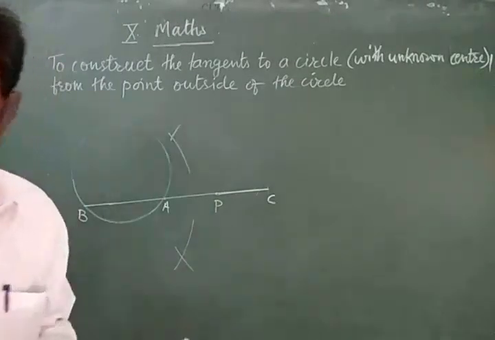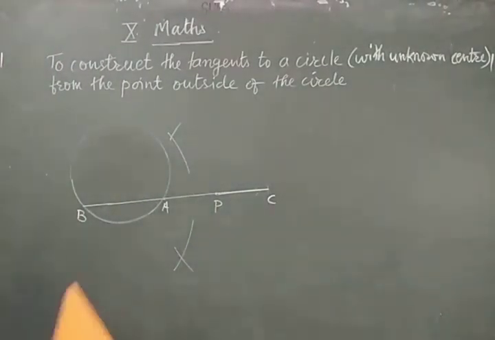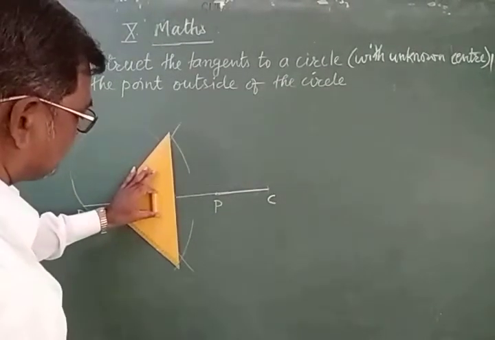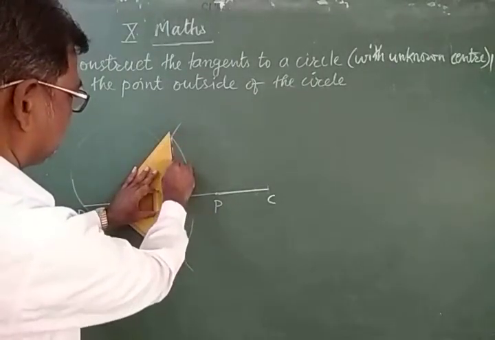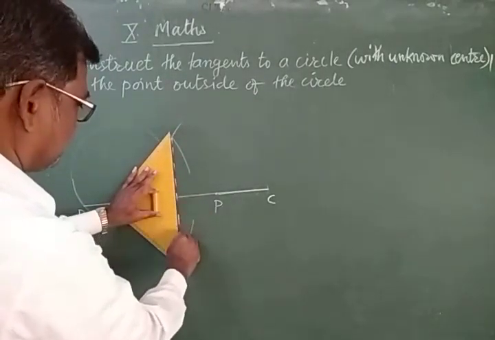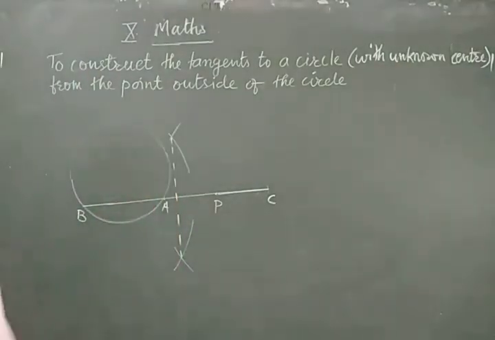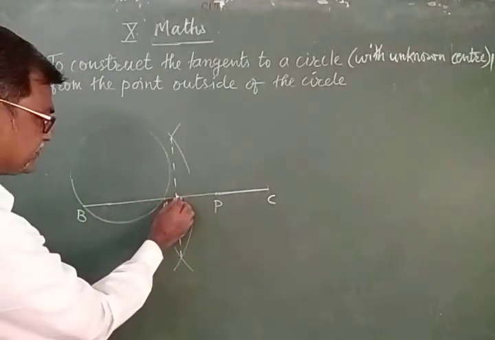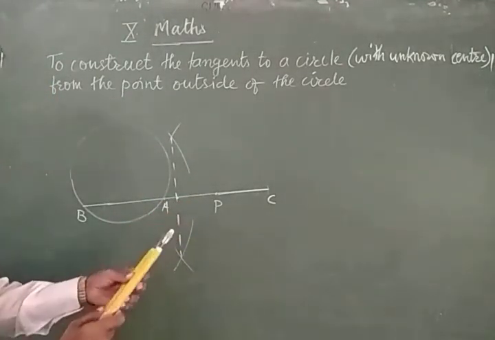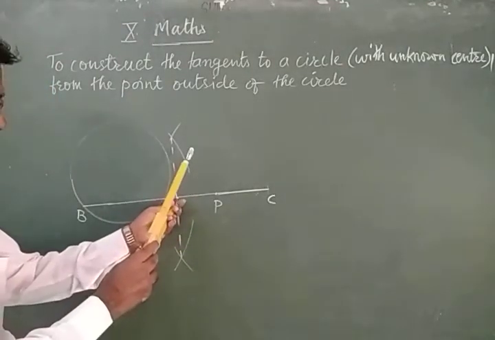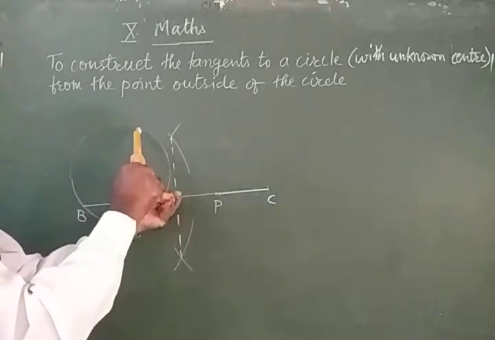If we do like this, then we get the midpoint of BC. And with this midpoint as center, draw a semicircle.